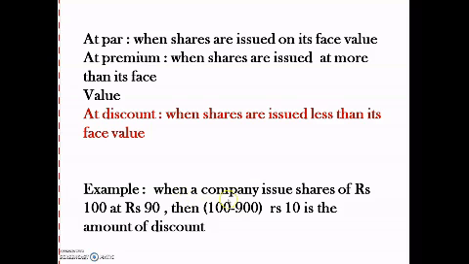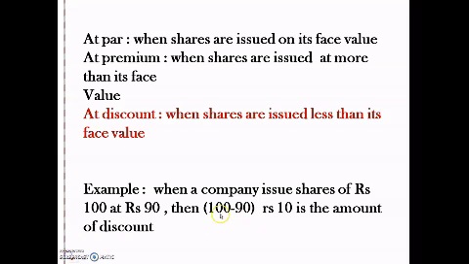See one example: when a company issues shares of rupees 100 at rupees 90, the difference between the two, 100 minus 90, rupees 10, is the amount of discount. This is the face value and the company issued at 90, which means less than its face value.